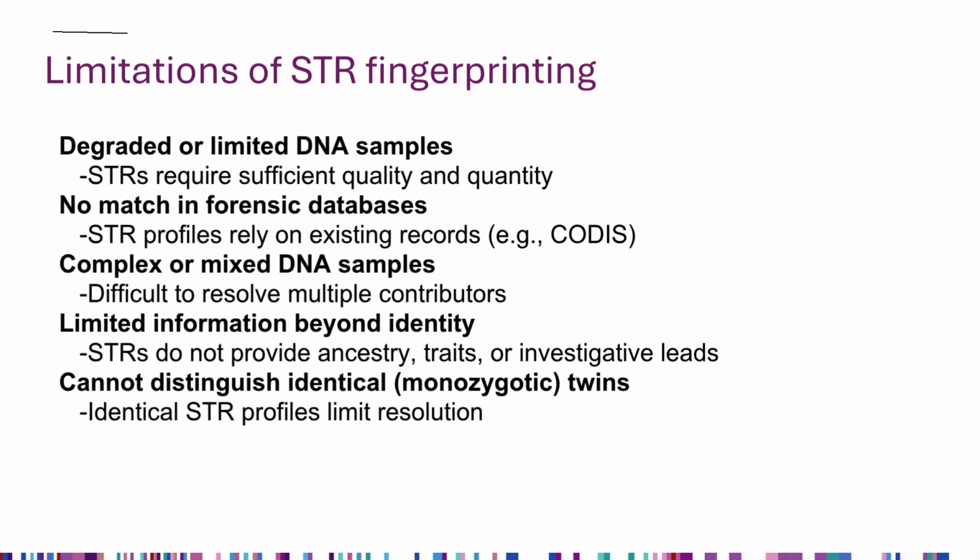It also provides very limited information beyond identity. And in some cases, like with identical twins, it can't distinguish between the individuals at all. So the question becomes, what do we do when STR profiling doesn't give us an answer?